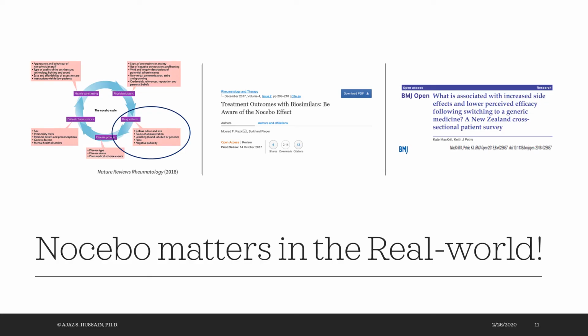Placebo and nocebo effects are expectancy effects that we as a community of pharmaceutical knowledge have been aware of for decades, or in the case of placebo effects, for over 100 years. We design our clinical trials to account for these effects.